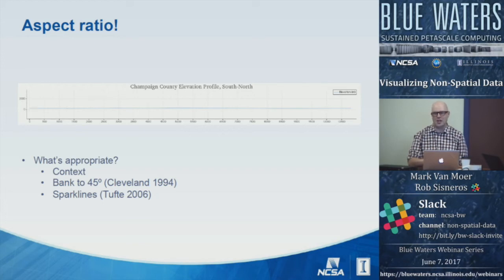In the context of Champaign County, I think that would still be kind of generous to the topography, but it's an interesting thing to think about. One of the drawbacks to that is you get these long, skinny images like I have here. This fits on the slide because I resized it, but it's possible you could end up with something that really would stretch out over many sheets of paper or over many slides.